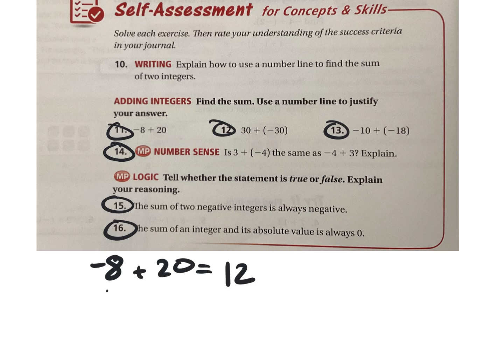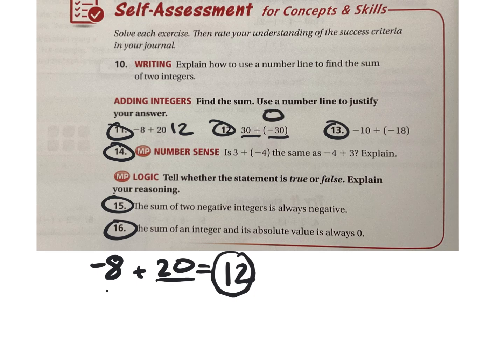Well, the greater absolute value is this 20, which is a positive, so it is 12 for that one. -8 plus 20 is 12. Looking at 12, we have a 30 plus a -30. Those are just opposites. And when you add the opposites, you always end up with 0.